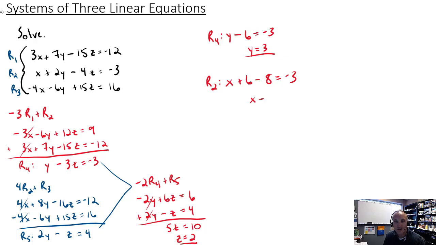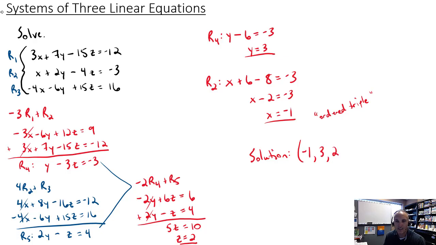So I have x minus 2 equals negative 3, which means that x equals negative 1. So our solution is the ordered, what we call ordered triple, because there's 3 coordinates. X is negative 1, y is 3, and z is 2.